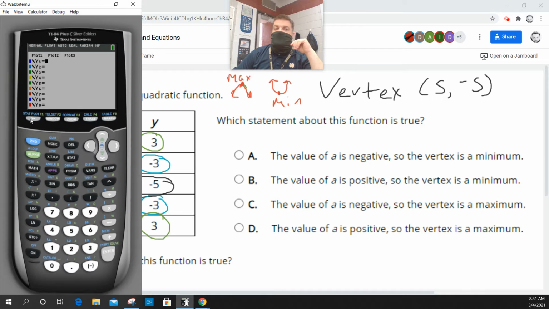First of all, go to y equals and clear that out. Go to y equals and clear everything out. Once you've cleared out y equals, hold your calculators up like this so Mr. Adams can see that you've cleared everything out. This is the clear button. Go to y equals, hit clear. Let me see your calculators.